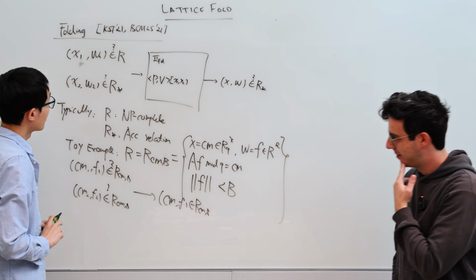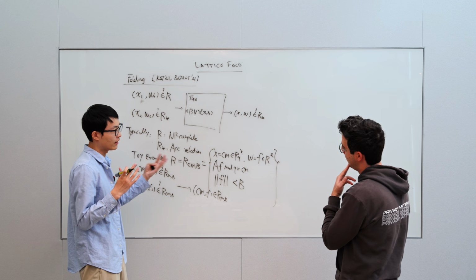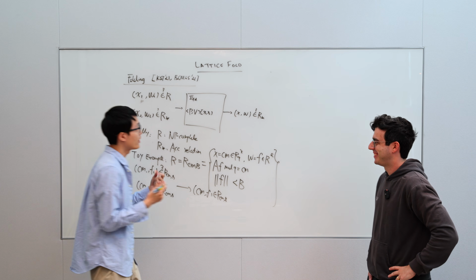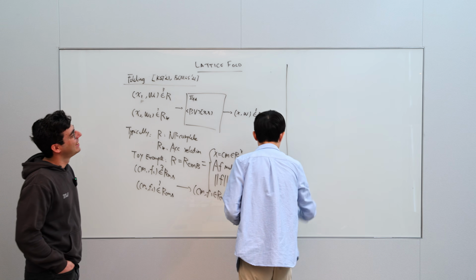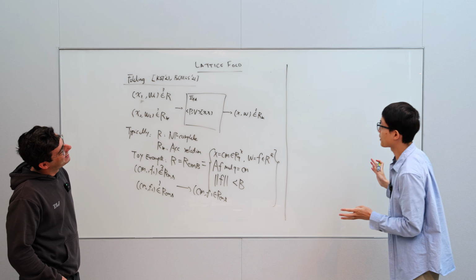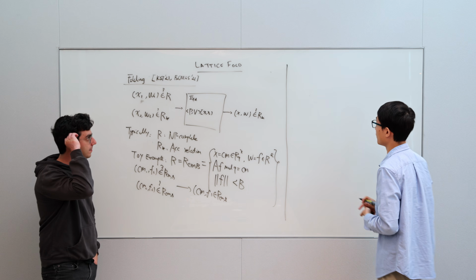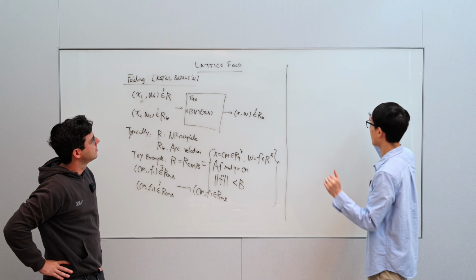Okay, sounds good. When it comes to folding, the first idea that comes to mind is always random linear combination. So let's consider a naive attempt, a variant of the elliptic-curve-based folding scheme in the lattice setting, and see how it works. Let's try to build a protocol.